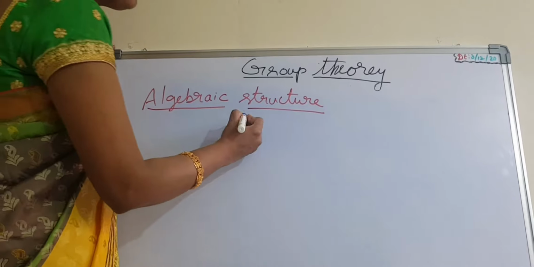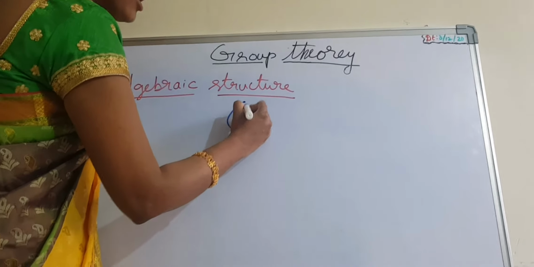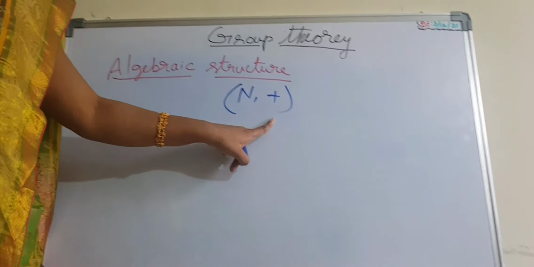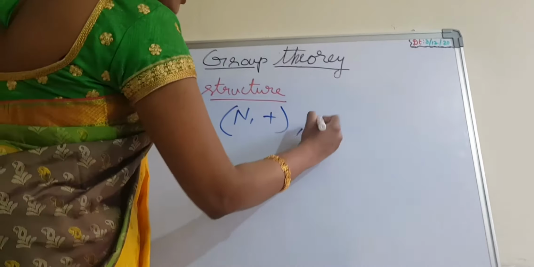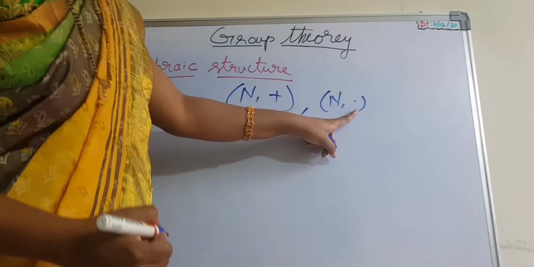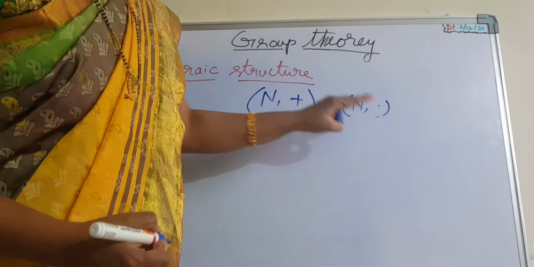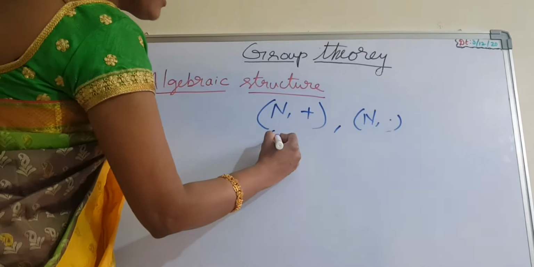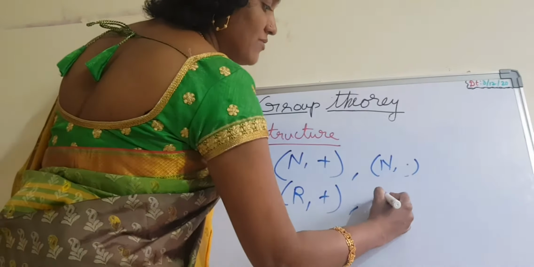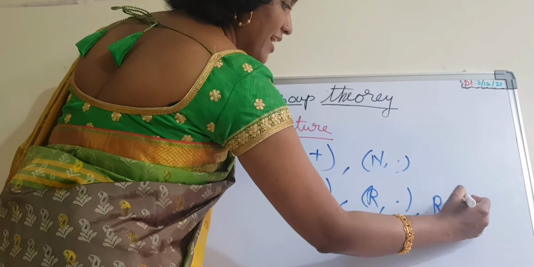Suppose we are taking natural numbers with respect to plus, and natural numbers with respect to dot, where dot means multiplication. Another one, real numbers with respect to plus, multiplication, and subtraction.